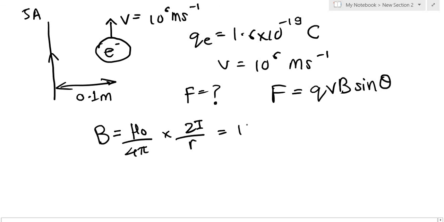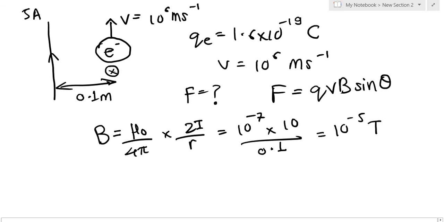R is given, everything is given: 10 to the power of negative 7 times 2 times 5, which is 10, over 0.1, giving 10 to the power of negative 5 Tesla. Now using the right hand thumb rule, the magnetic field due to this current-carrying wire will penetrate the point where the electron is. So it penetrates, and we can plug everything into the force equation.